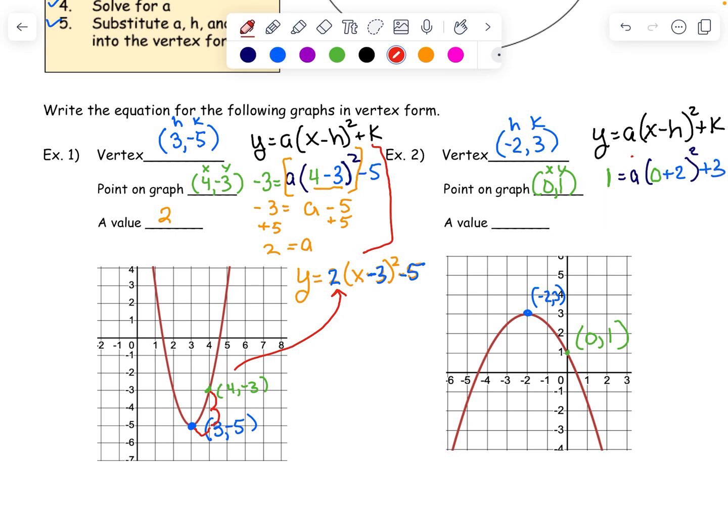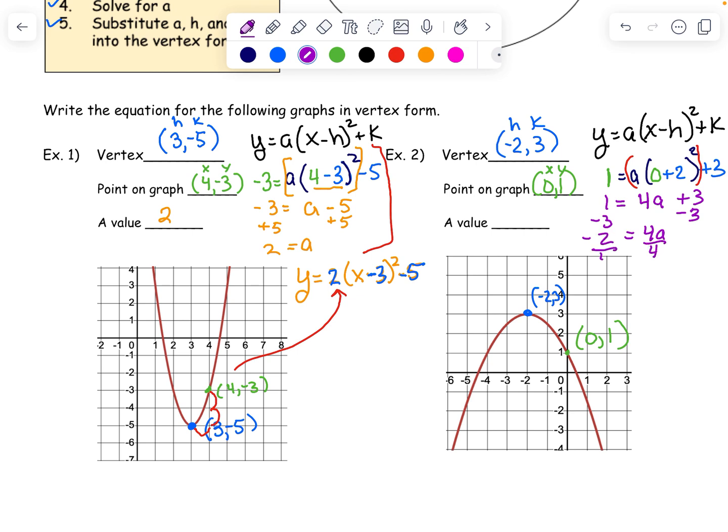Oh, cool, we are ready to rock. Now remember, all this goes together, okay? So when we're doing this, we have 1 is equal to 4 times a, and then plus 3. So we subtract 3, and then we have 4a is equal to negative 2.